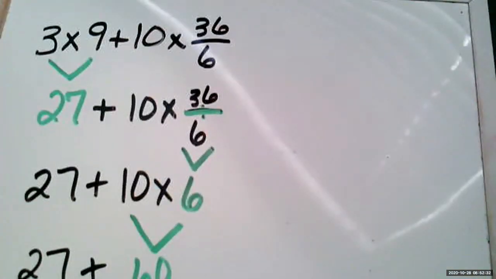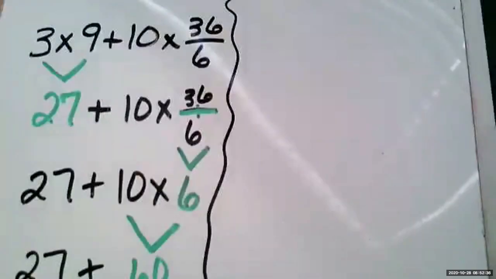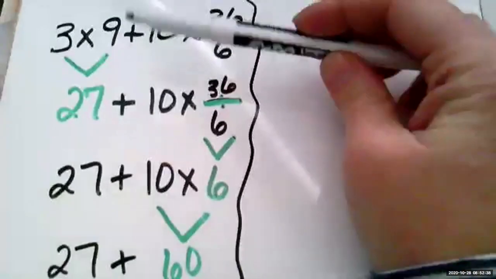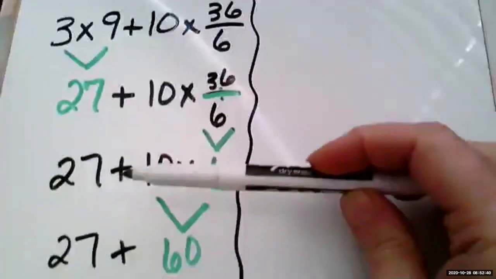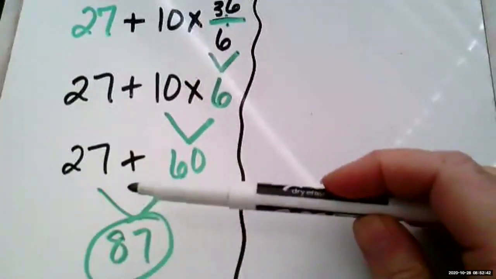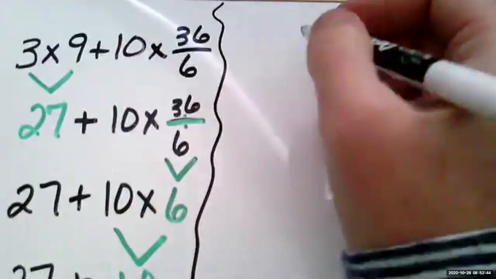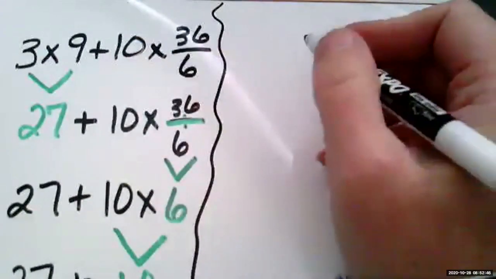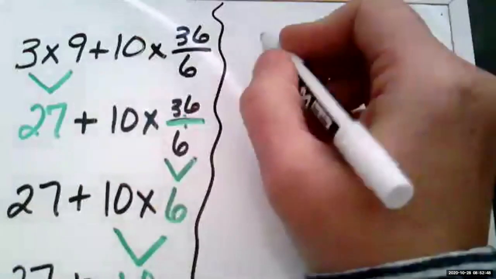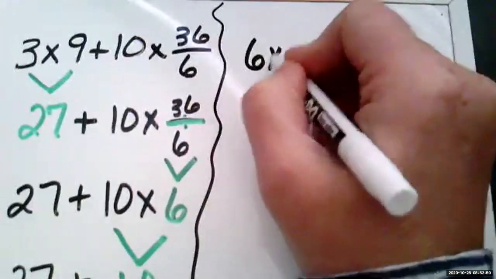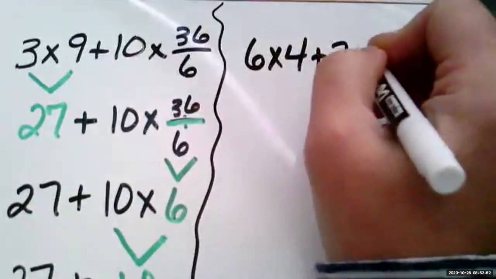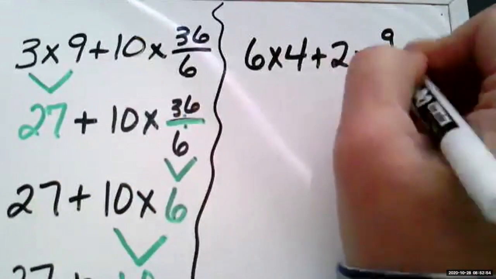All right, let's go ahead and do one that's similar to this. And notice how I'm bringing everything down that I haven't used from the previous line. Please show your work. This time I'm going to give you a problem, very similar to this one: 6 times 4 plus 2 times 9 over 3.